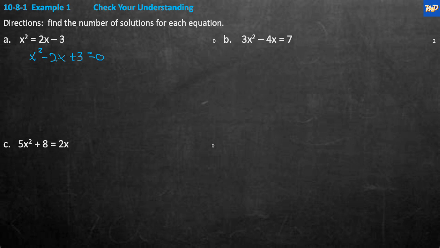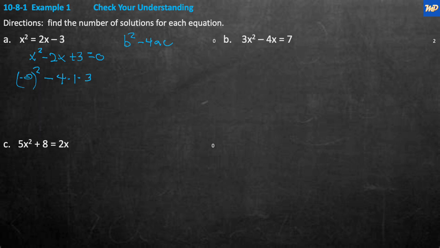Now the discriminant is b squared minus 4ac. Here b is negative 2, so it's negative 2 squared, and then minus 4 times a, which is 1, times c, which is positive 3.